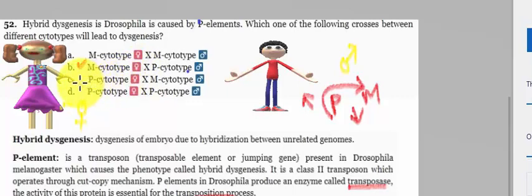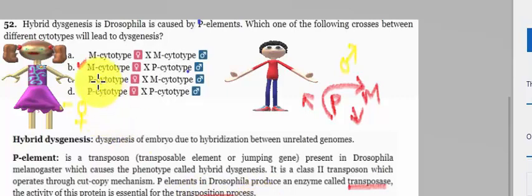If you are taking option C, where the P cytotype is present in the female and the M cytotype is present in the male, in that case the eggs of the P strain females contain a high amount of repressor protein. Because of that, it prevents the transcription of the transposase gene. I already said that the transposase enzyme is solely responsible for the transposition process.